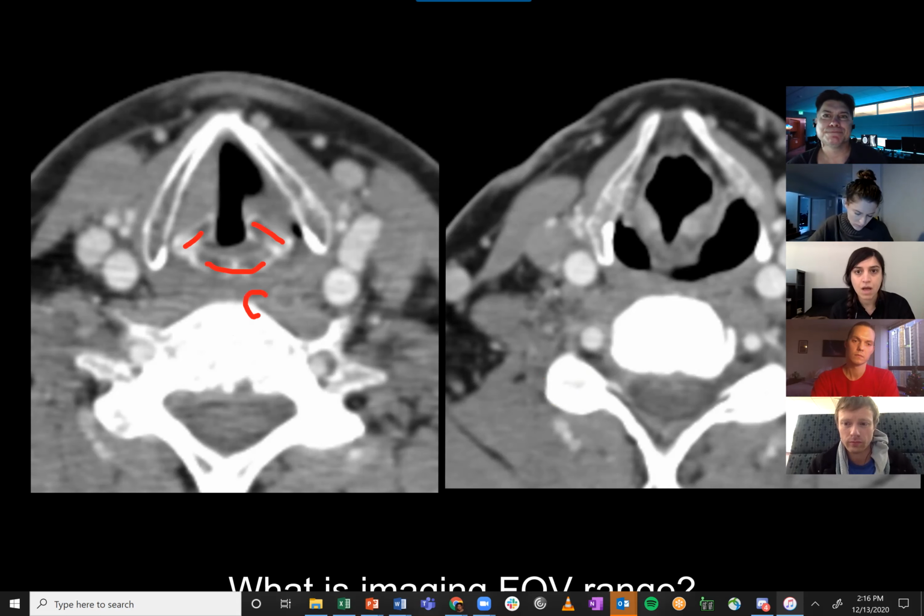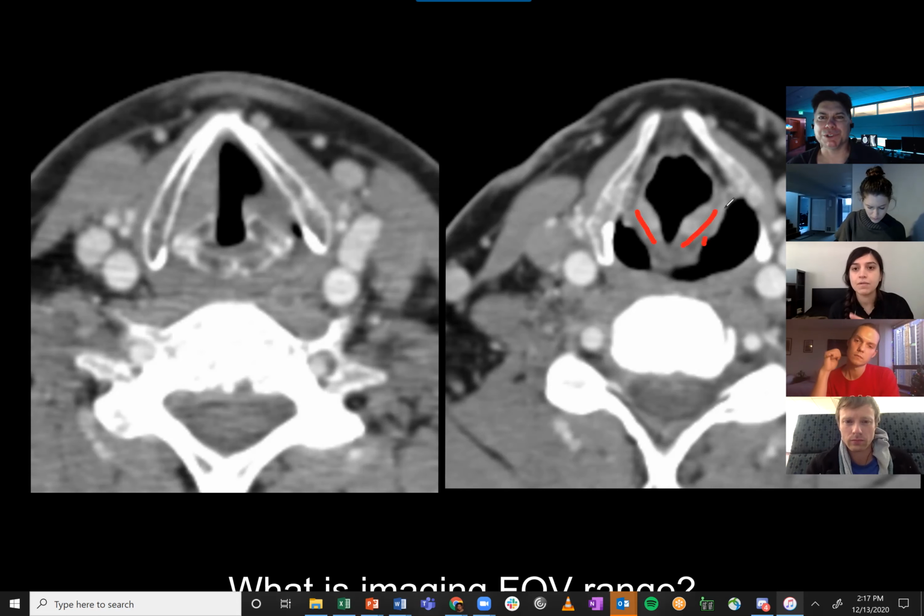Okay, so on the left on screen, it does look like the right true vocal cord is adducted. On the right side of the screen, I see the aryepiglottic folds. I don't, oh, actually, the aryepiglottic folds are a little asymmetric.